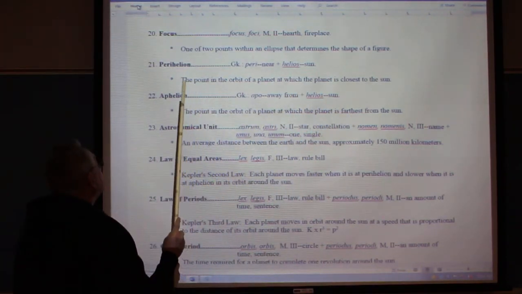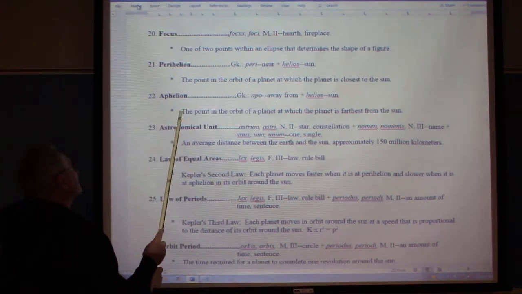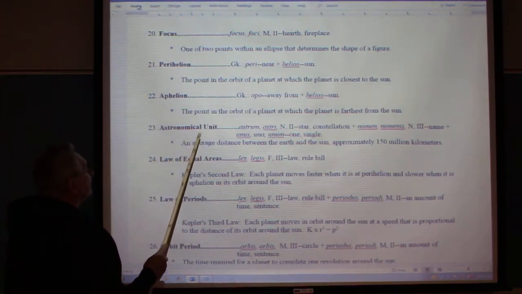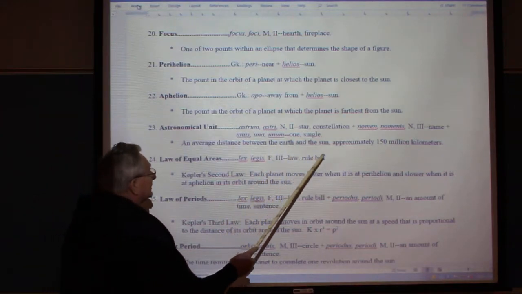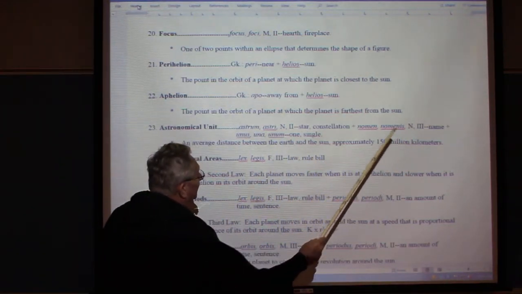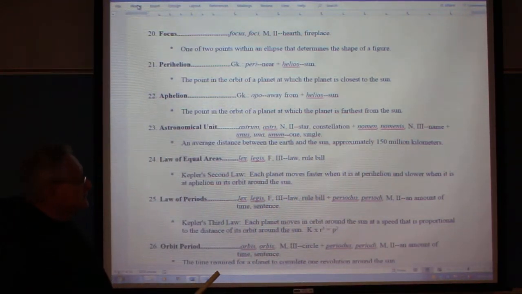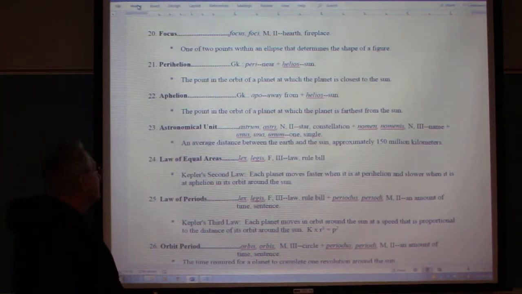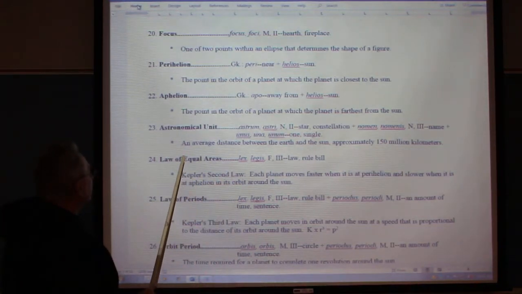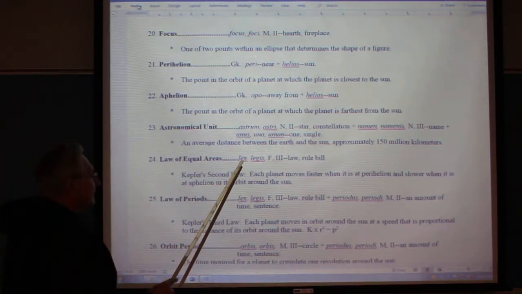You already had last chapter, astronomical unit, an average distance between the Earth and the Sun, approximately 153 million kilometers, or in our system 93 million miles. Whew. Now you have a second law. Law of equal areas. That's very complicated.